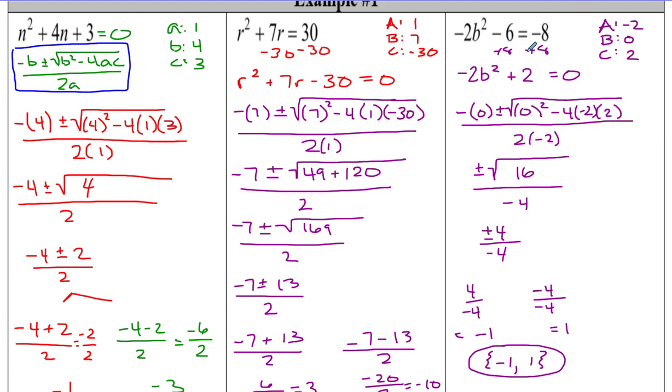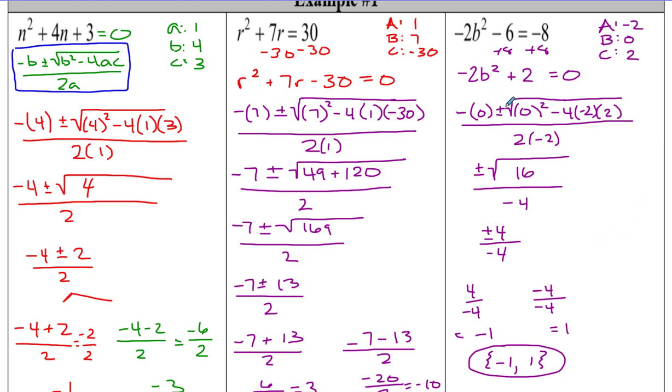Once we moved this 8 over, that gave us negative 2b squared plus 2. If you notice, we don't have an x term or a b term for this example, so that value is actually 0. So we only have an a term of negative 2, a b term of 0, and a c value of 2.